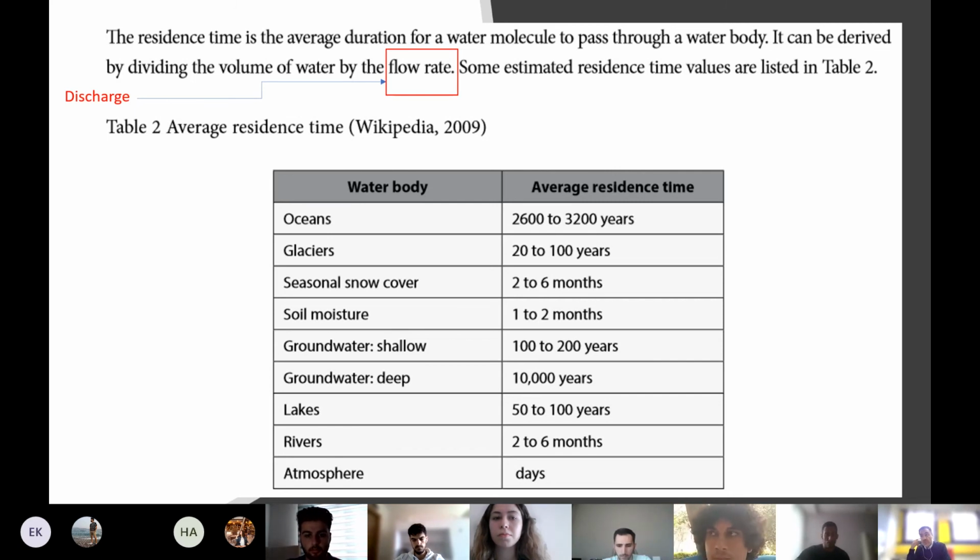In the previous slide, we said flux for flow rate. When we say flux, it means change in mass. But when the mass of a substance changes, its volume changes too.